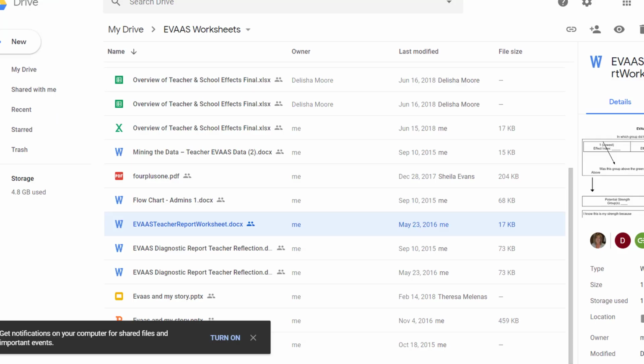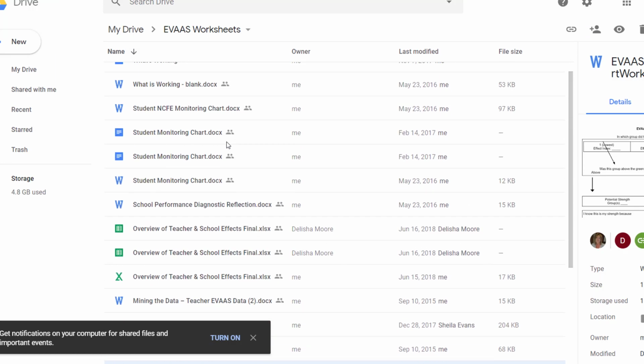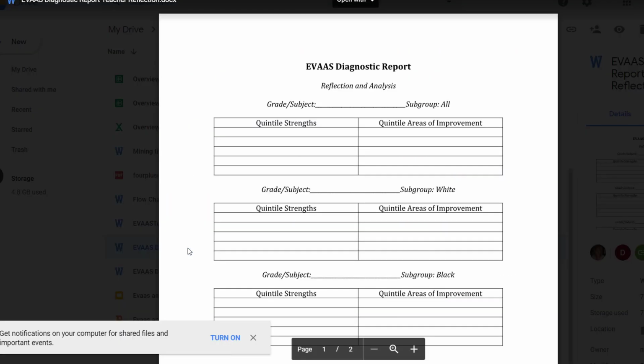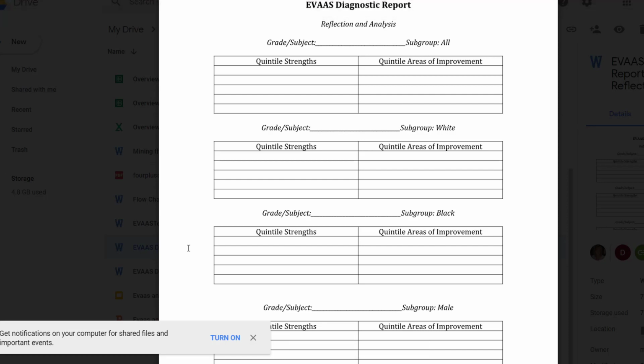So if you want your teachers to discover this type of data trend, you can use a report similar to this. In this particular example, we brought all the history teachers together in a PLC. We walked through the diagnostic report for each one of the courses in history.